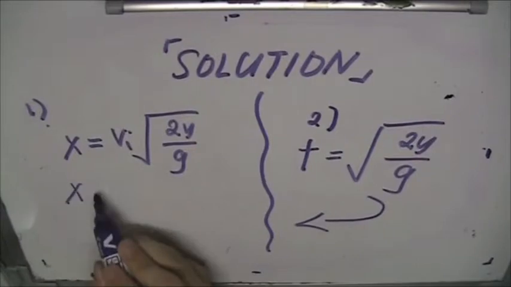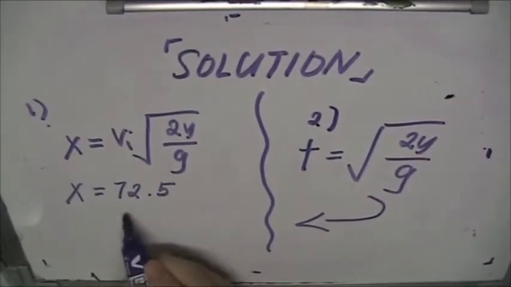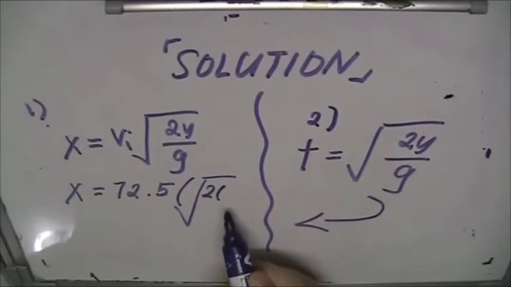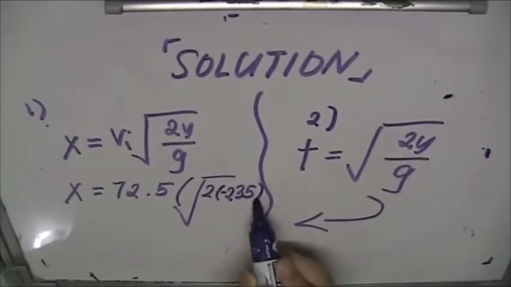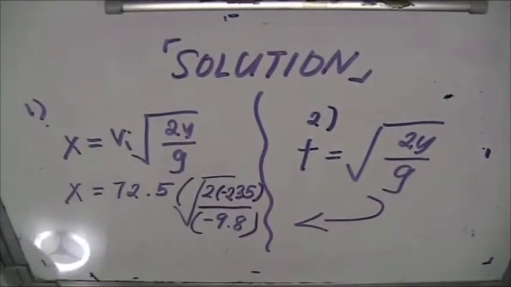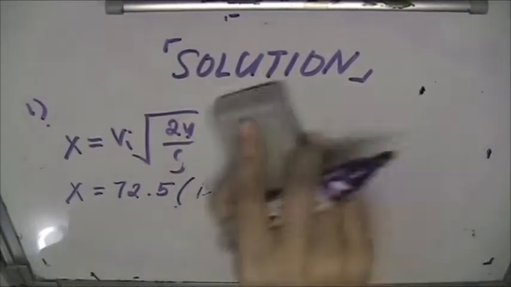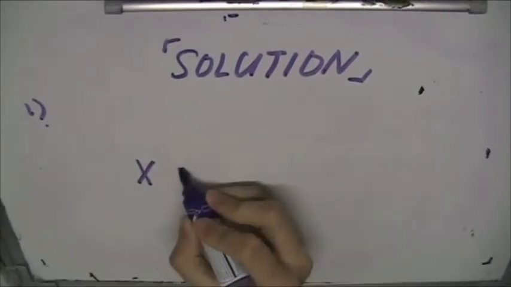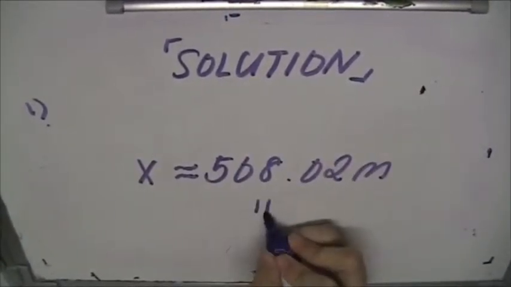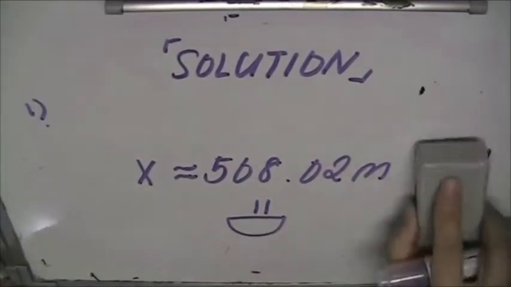Putting the values is now equal to 72.5 times the square root of 2 times negative 235 over negative 9.8. Now in this formula, we're going to get the value of x, which is now approximately 508.02 meters. Got the answer?